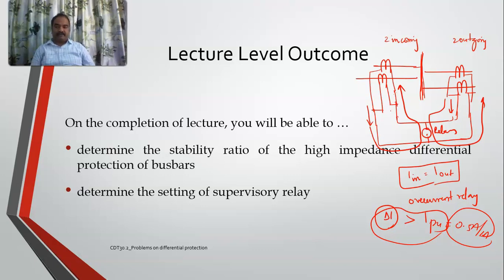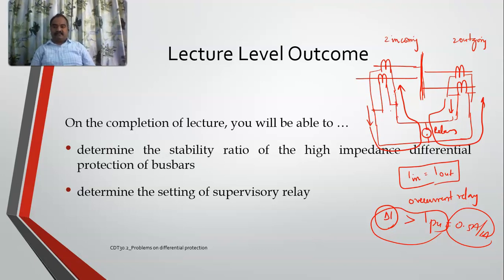So if the difference between your incoming and outgoing currents is greater than this pickup value, then your relay will be operating. And in particular, to overcome the problem of CT saturation, we have seen that a high impedance is connected in series with your overcurrent relay, and we call it stabilizing resistance. We call it ZS.